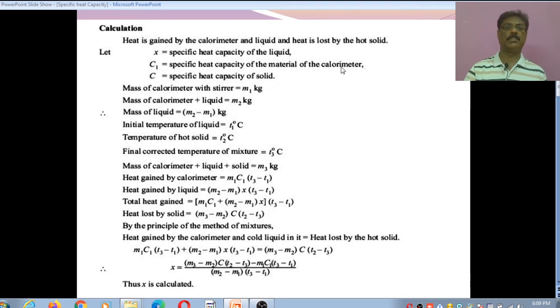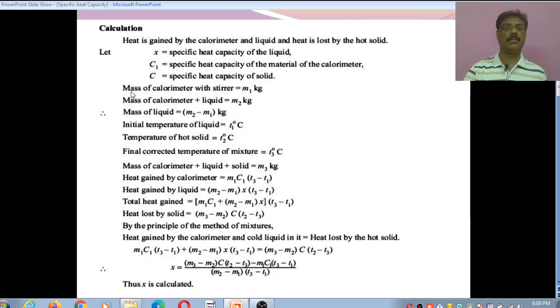And the specific heat capacity of the given solid, a known value, is taken as C. So these are the three specific heat capacities.